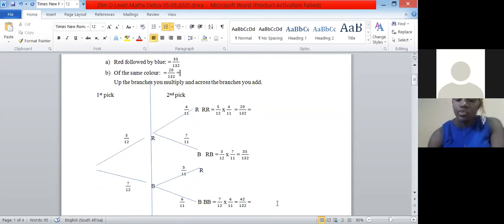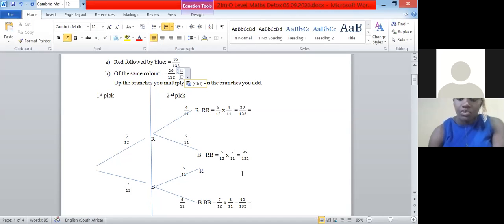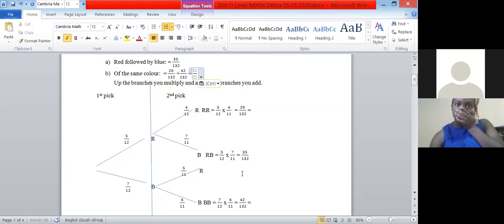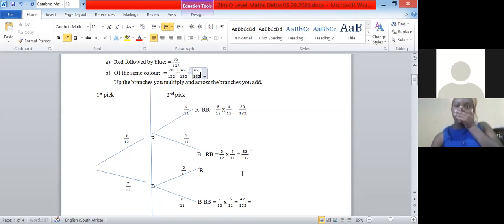So it's plus 42 over 132. And then we add, this should be equal to, what is 20 plus 42? 62. And then we can also simplify this to a simple probability. We find the HCF of 62 and 132 and we get our simpler probabilities.